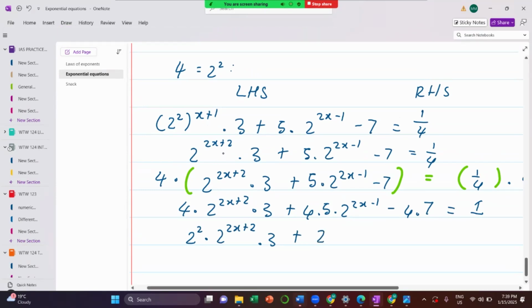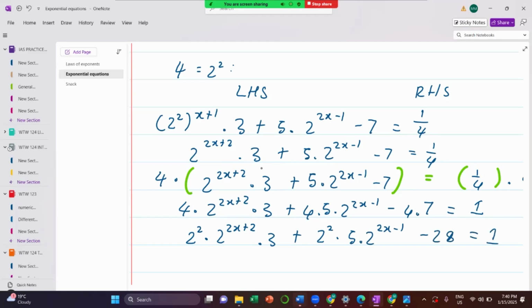Plus 2 to the exponent of 2 times 5 times 2 to the exponent of 2x minus 1. Then what is 4 times 7? I put it into my calculator. 4 multiplied by 7 is going to be minus 28. It's equal to what? To 1.